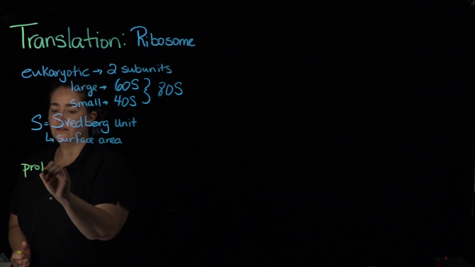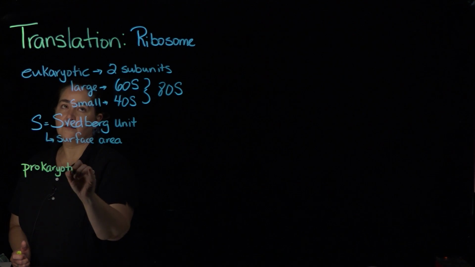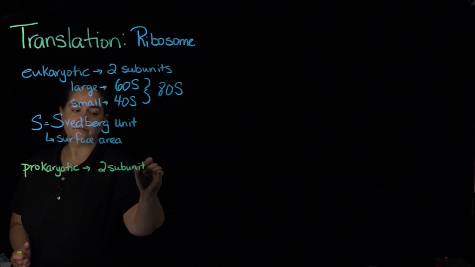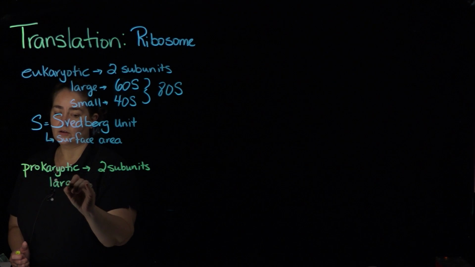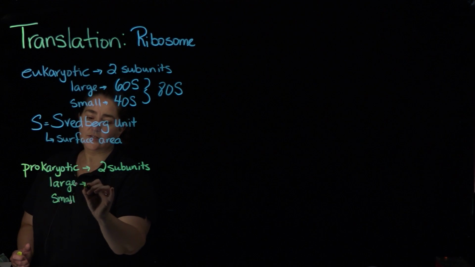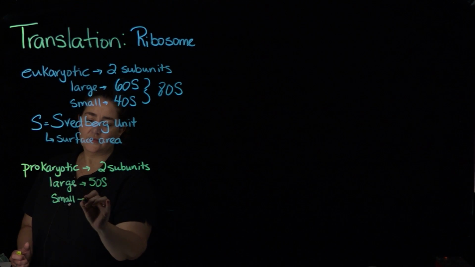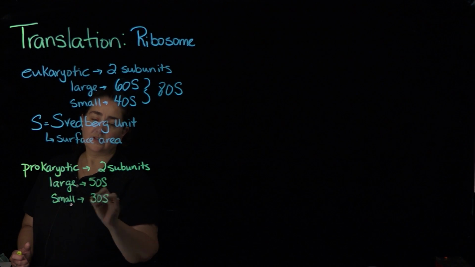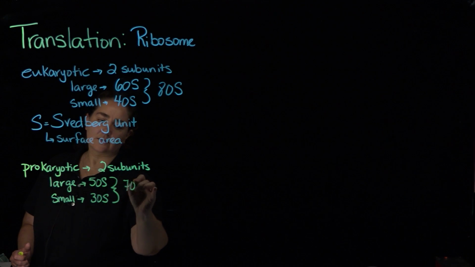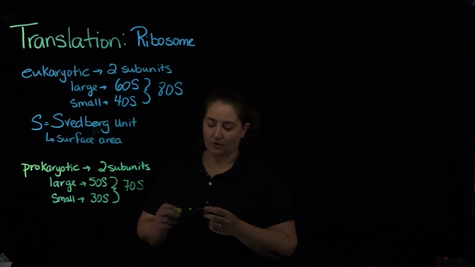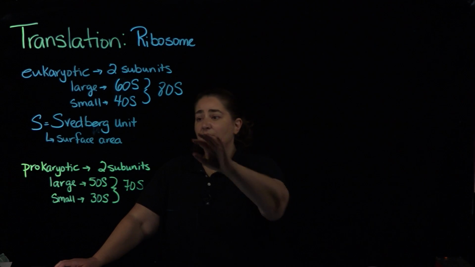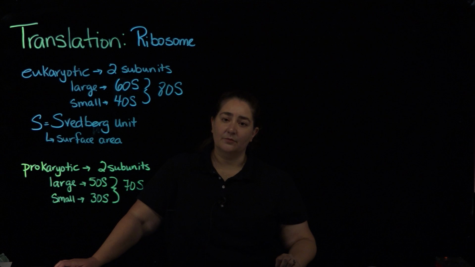Our prokaryotic ribosome also has two subunits. It has a large and a small. Now, our large subunit is 50S, our small is 30S, okay? And that gives us a 70S overall for our prokaryotic ribosome. I'm not so concerned that you know the absolute numbers here.